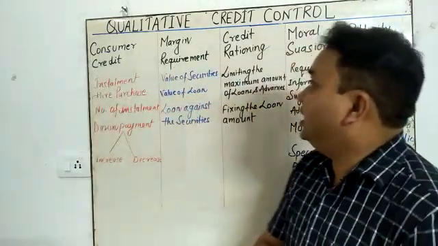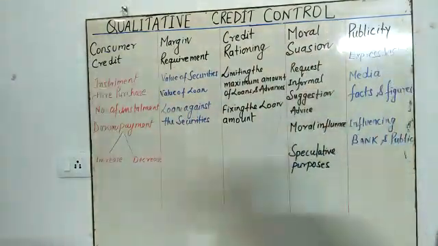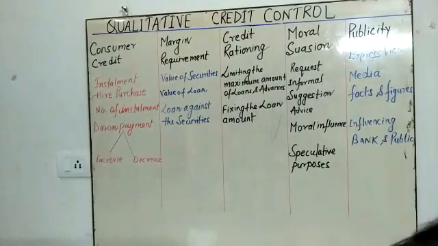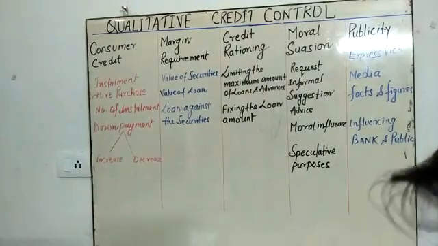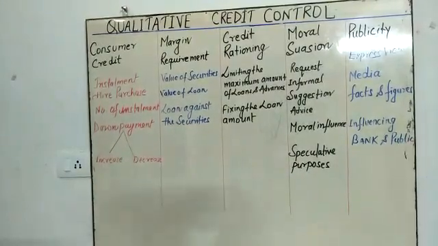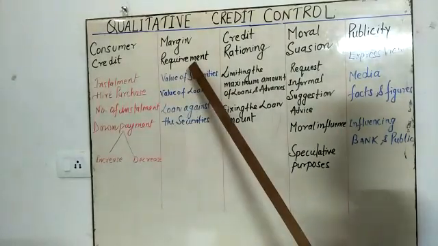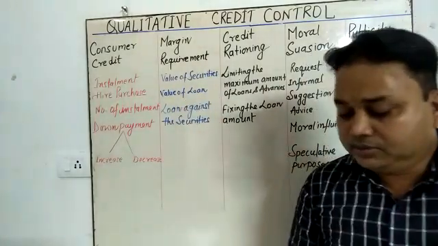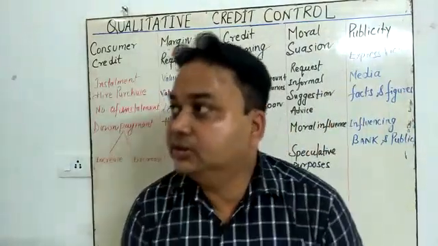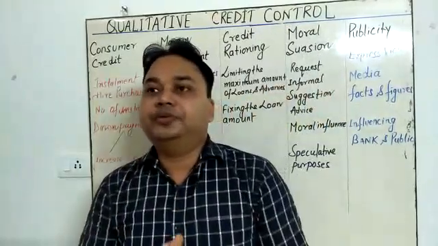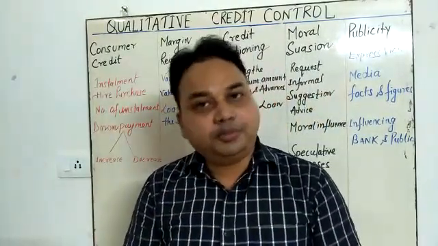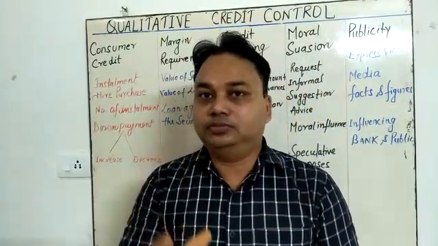The second point is margin requirement. My dear student, what is the margin requirement? Margin means the limit. Here you have to understand margin. You have already heard about mortgage. When we give a mortgage to a bank, the bank provides a loan.